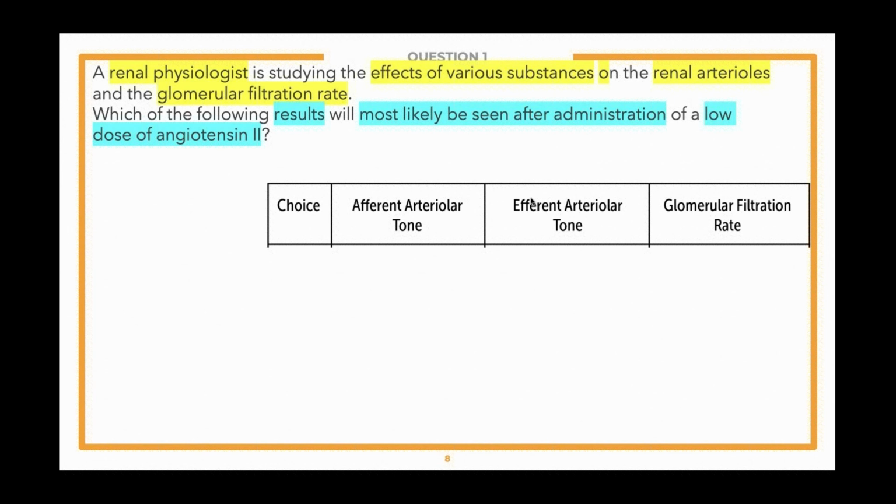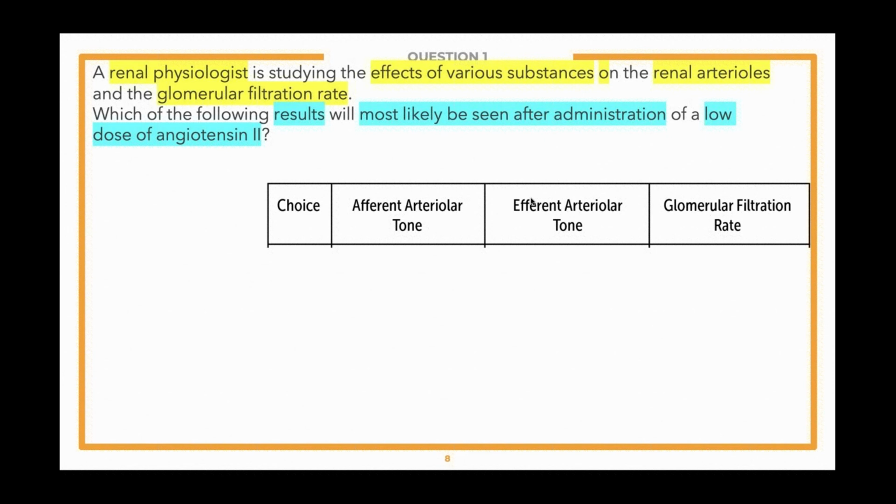And we can see in the columns in that table what those three variables are: afferent arteriole, efferent arteriole, and the tone of both of those, as well as the GFR. So we already know what the basic premise of this question is going to be.